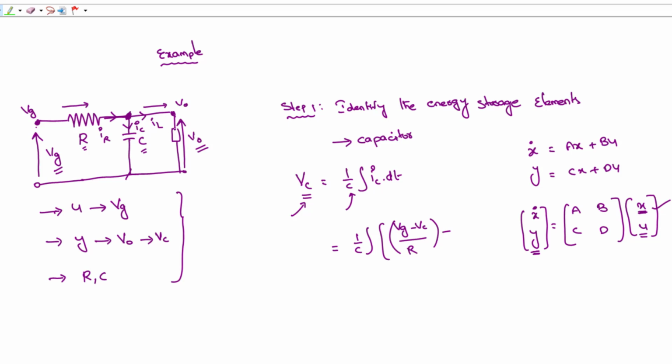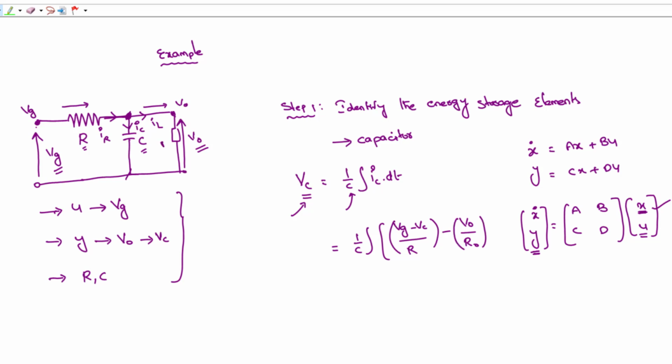IL is equal to the voltage V0 divided by the load resistance R0, so IL is V0 by R0.